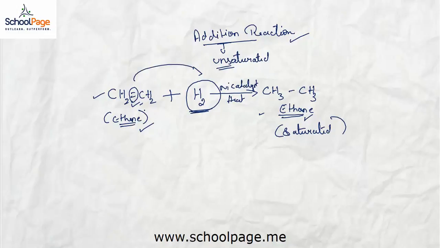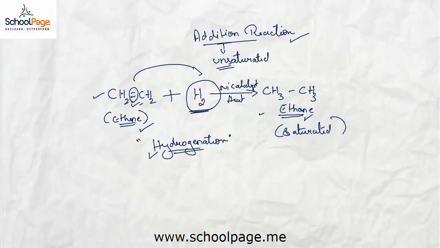In this case I am adding a hydrogen molecule, and hence the reaction can be called hydrogenation. Not only hydrogen, I can also add halogens like chlorine, bromine and others in order to get a saturated hydrocarbon as an end product. Such reactions, that is the addition reactions, are characteristic features of unsaturated hydrocarbons.